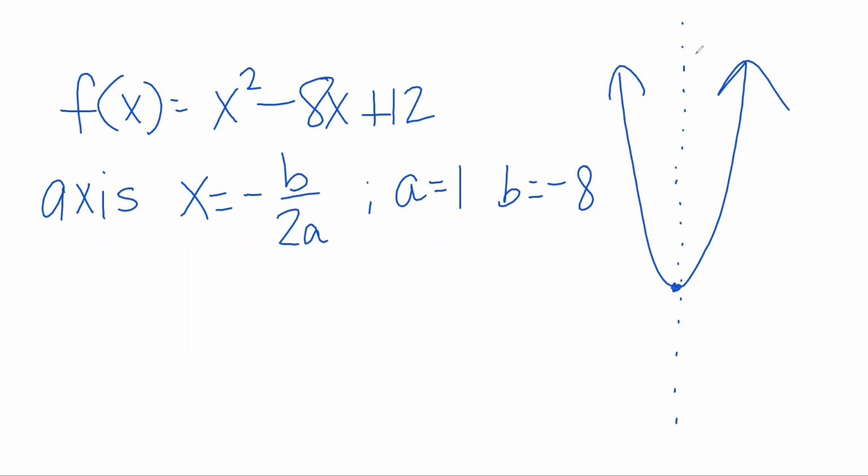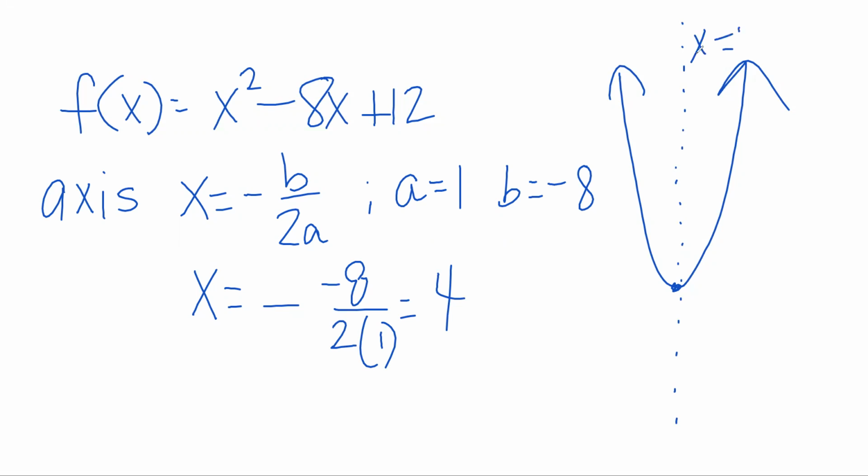You're going to use those values to arrive at the axis of symmetry. After substituting values, that gives me x equals 4. That tells you this quadratic graph is going to have a line of symmetry at x equals 4, and that's a vertical line.